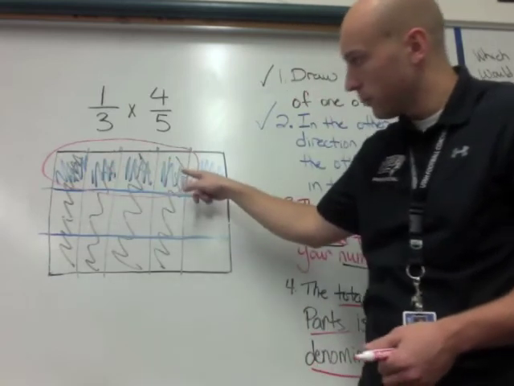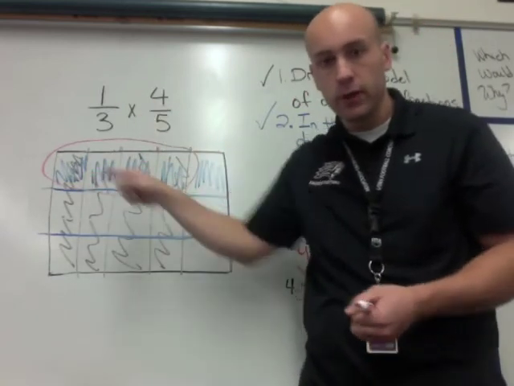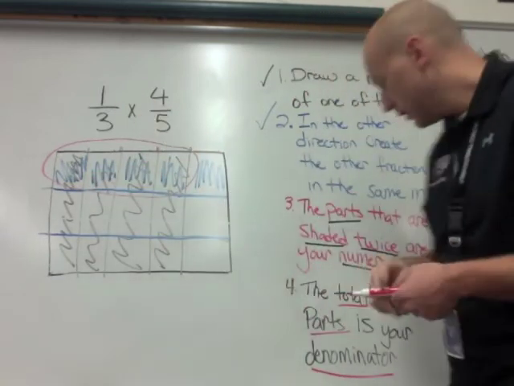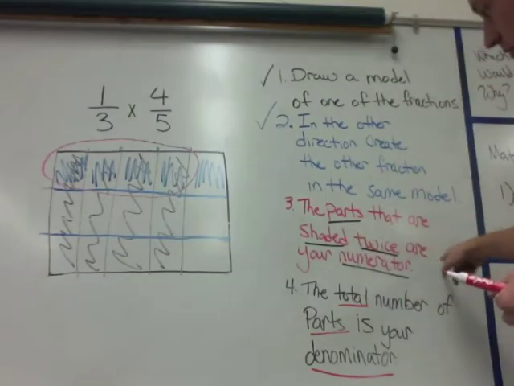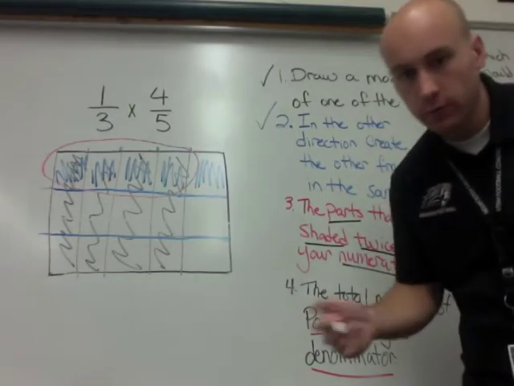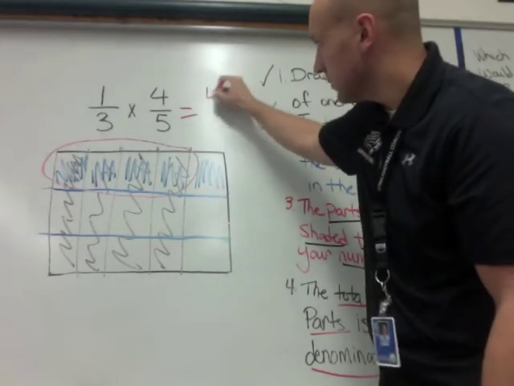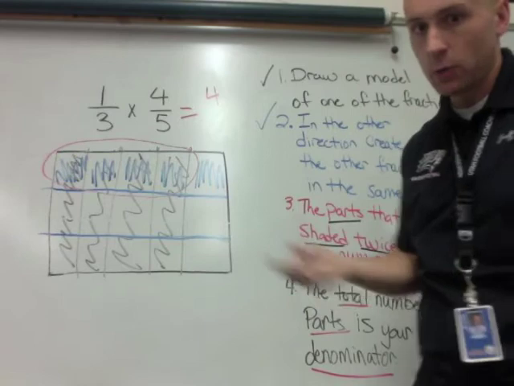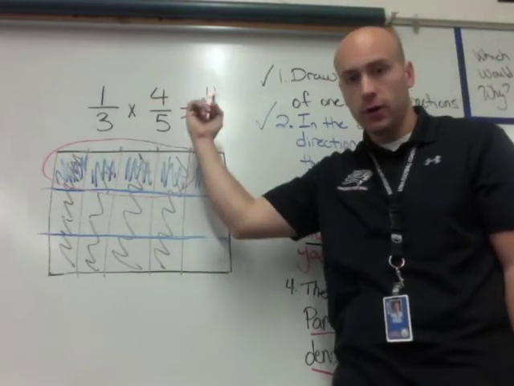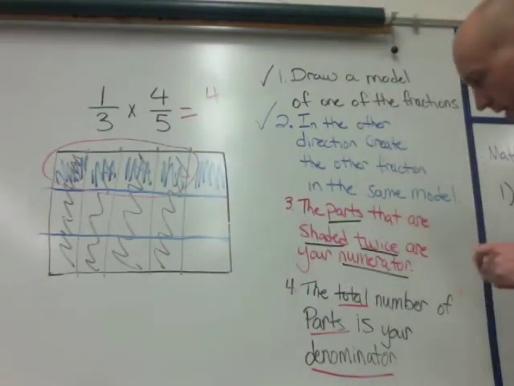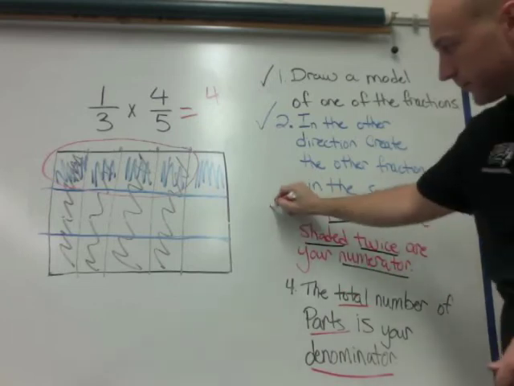So we have 1, 2, 3, 4 boxes that got shaded in both blue and black. Okay? So the parts that are shaded in twice are our numerator. So our numerator for this answer is going to be 4. It worked, right? 1 times 4 is 4. Okay, so step number 3 is done.